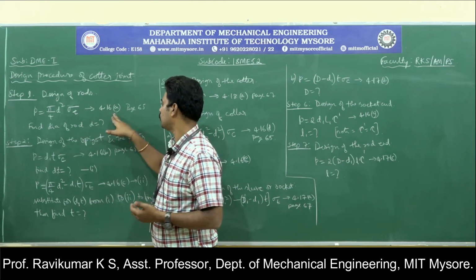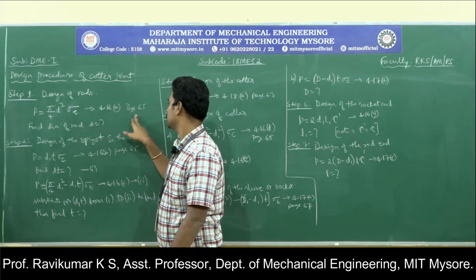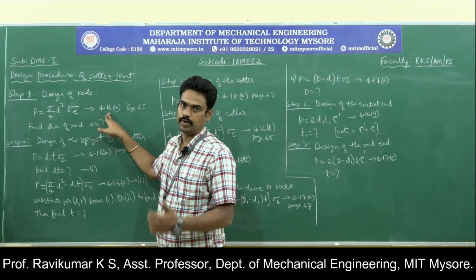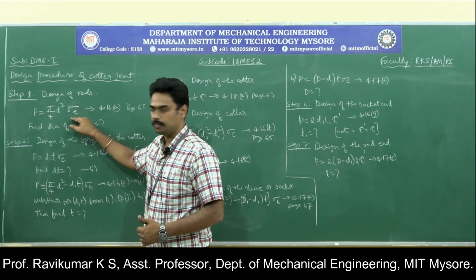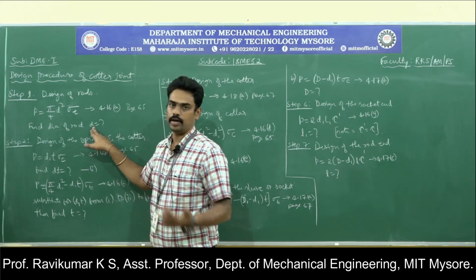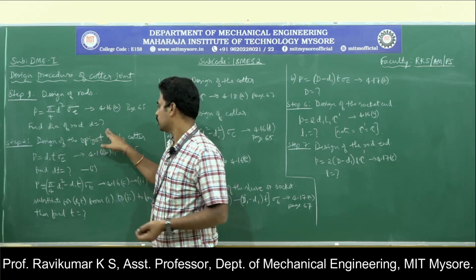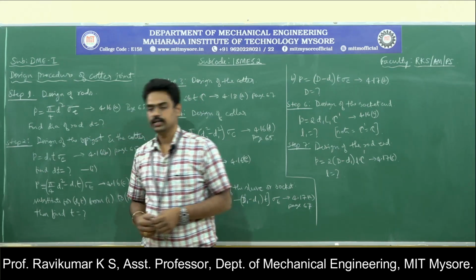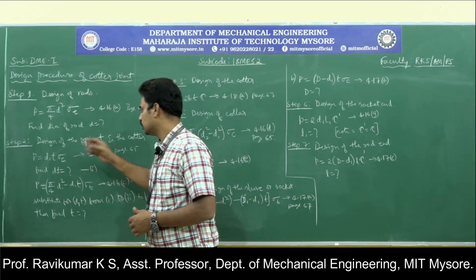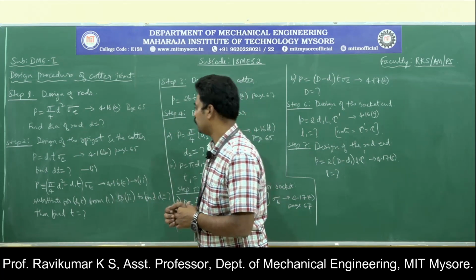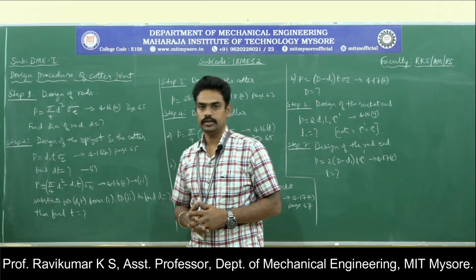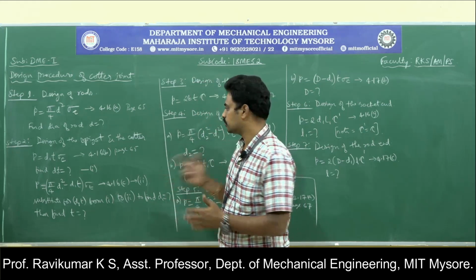This formula I can find in the data handbook, page number 65, equation number 4.16a. Using this formula, calculate the diameter small d of the rod to be joined. Then in step 2, design of spigot and the quarter, we will be concentrating on the design of the spigot and the quarter.